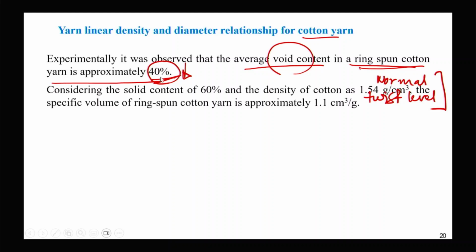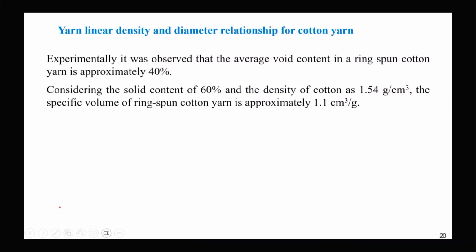With this 40% void condition, the solid content is 60%, and the density of cotton is approximately 1.54, or 1.53.